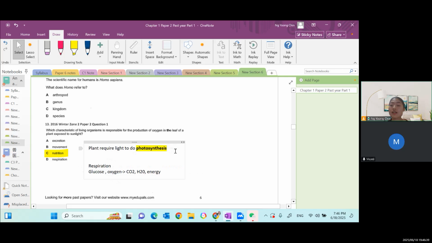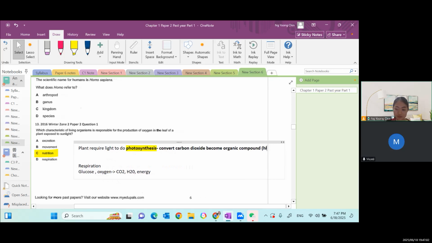And Monty, please remember that photosynthesis is a process in which they convert carbon dioxide into an organic compound, which is glucose. This is the story of photosynthesis. They use carbon dioxide together with water as the ingredients, just like making a cake.